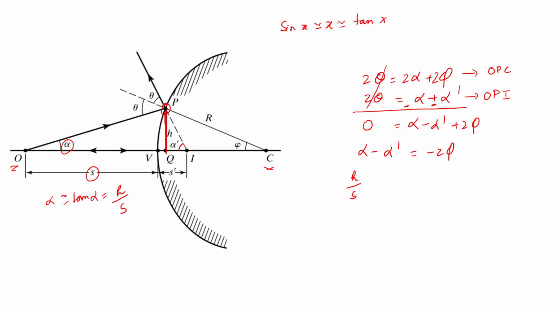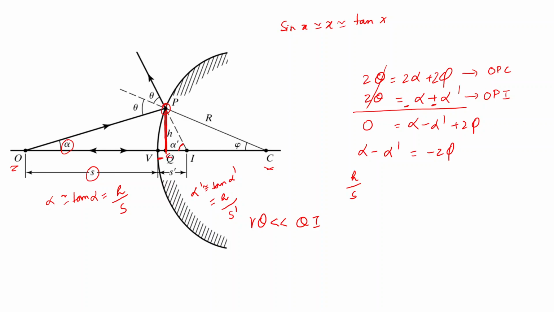Similarly, for alpha prime, I'm going to write tangent alpha prime for small angles, which is equal to the opposite side, H, divided by the adjacent side, S prime. Notice that here we are making another approximation. We are assuming that this distance VQ is much smaller than QI.